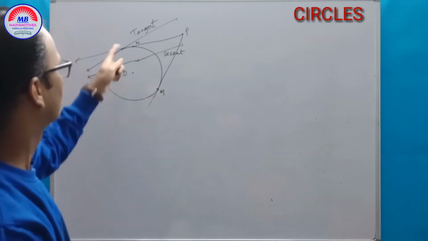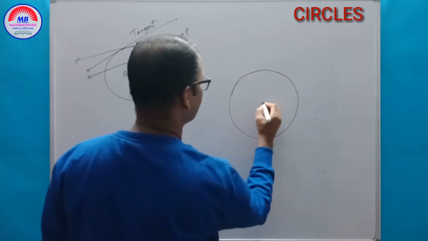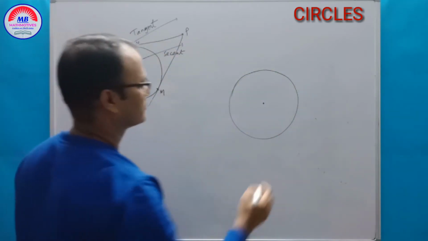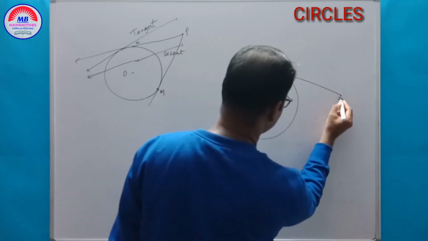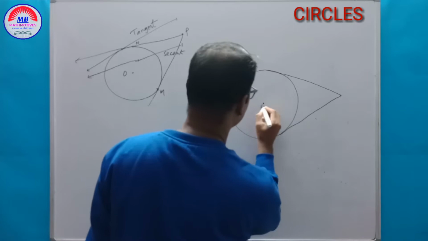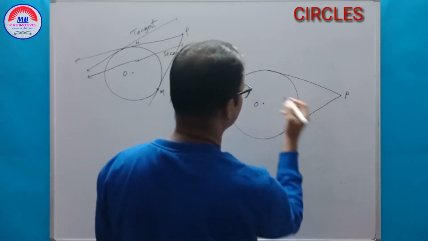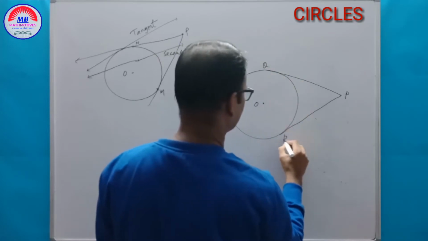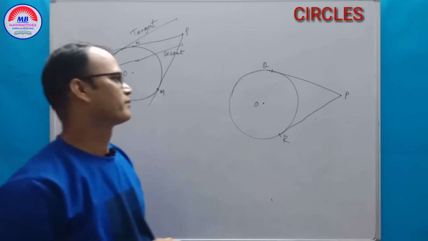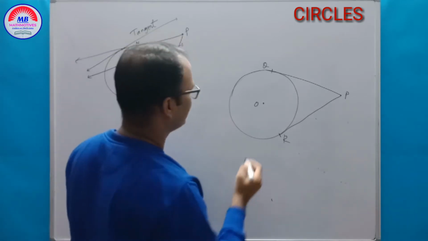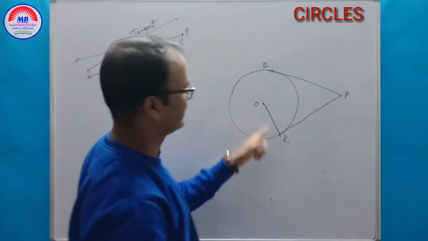Then comes, you see, a circle is given, center, two tangents. We draw one tangent, and another tangent. The points are P, and you can write Q and R. Okay, and you see, this is the radius.